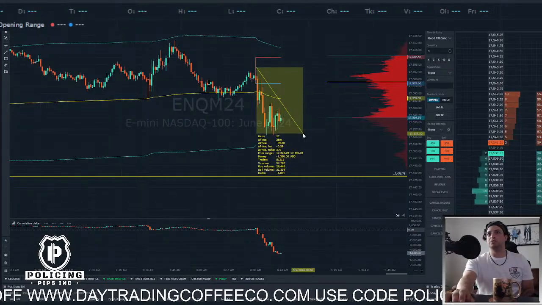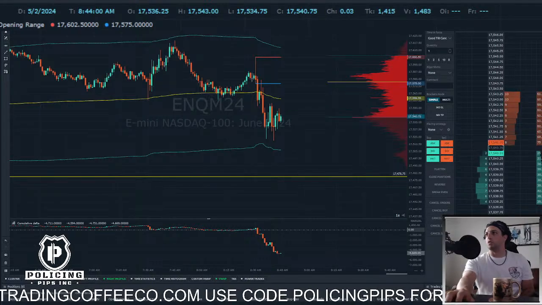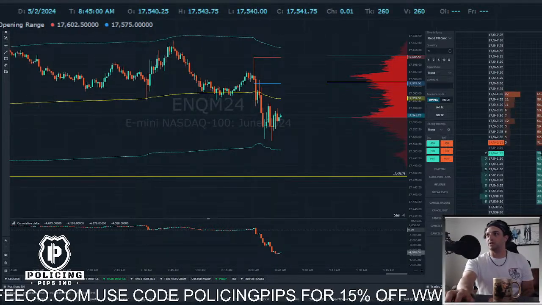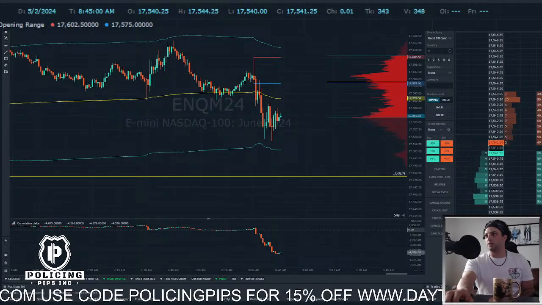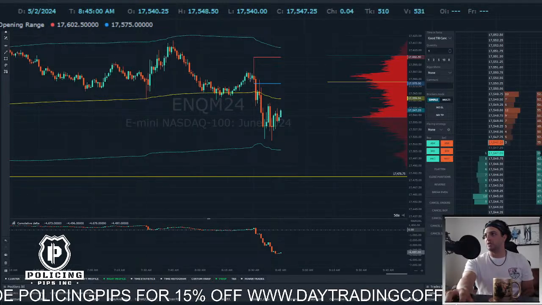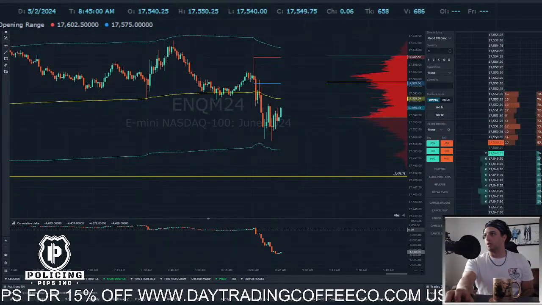So the NQ has pulled down here. We are below the opening range. Russell, the small cap world, is well below and still selling pretty heavily down through its opening range low, and even down into some of the lows from yesterday, trying to push through all of the overnight levels.